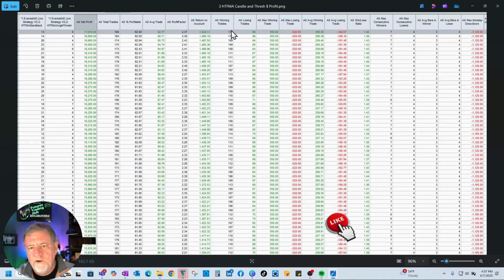Now you can go all the way across this and look at how many losing trades you had, how many max losing trades, how many losing trades in a row you had, what your ratios were, all the way down to your max drawdown per day. But nonetheless, we're looking at 13.4 net profit, total trades, and percent profitability. That's what I'm looking at. Now, that was from the profitability, we made 17,000.